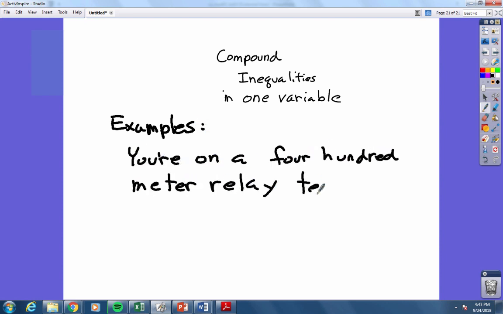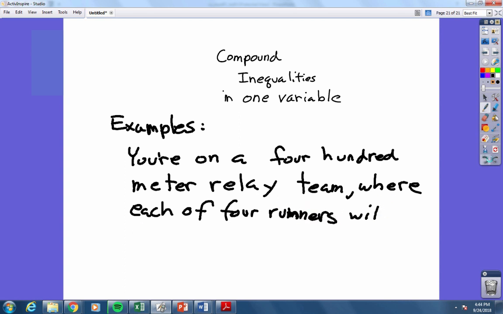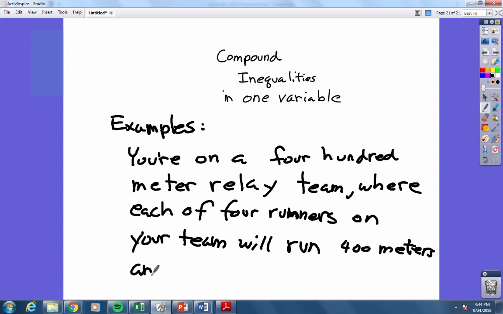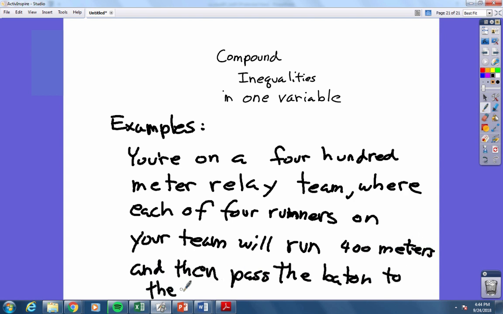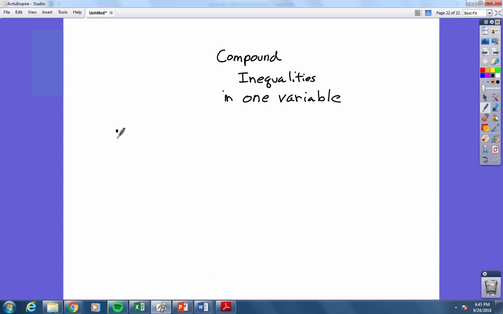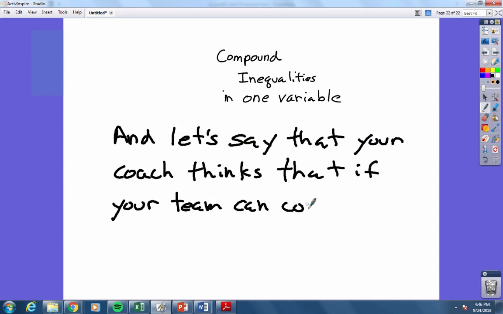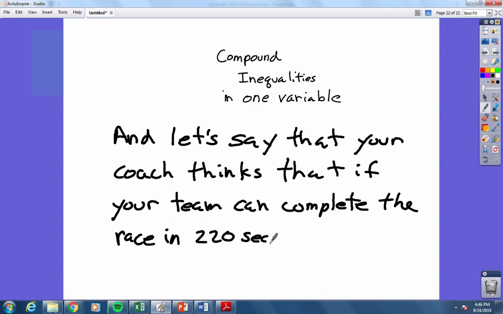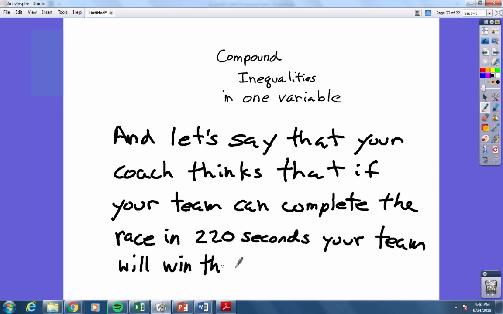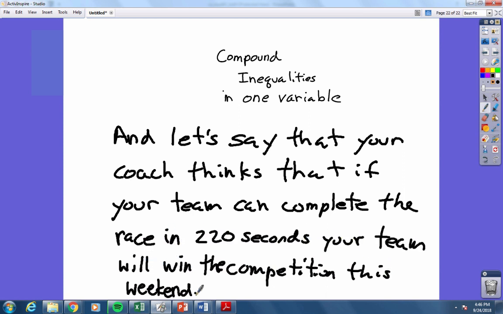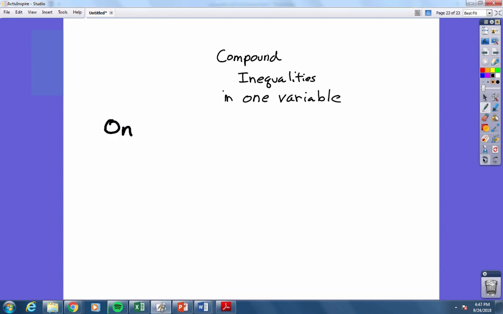In the first one, let's say that you're on a 400-meter relay team where each of four runners will run 400 meters and then pass the baton to the next runner. Let's say that your coach has told you that if your team can complete the race in 220 seconds, your team will win the competition this weekend.